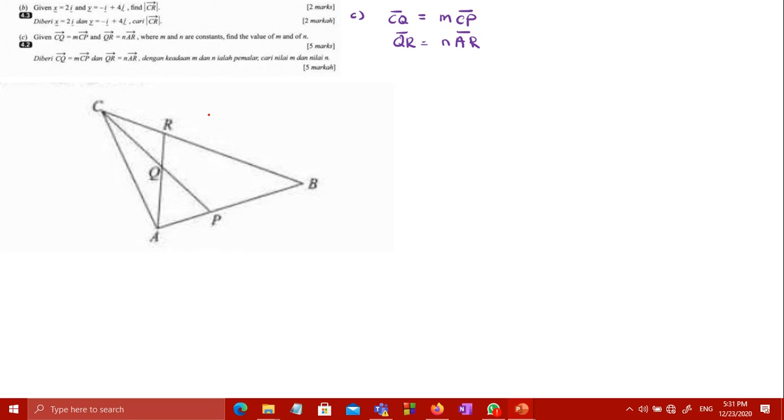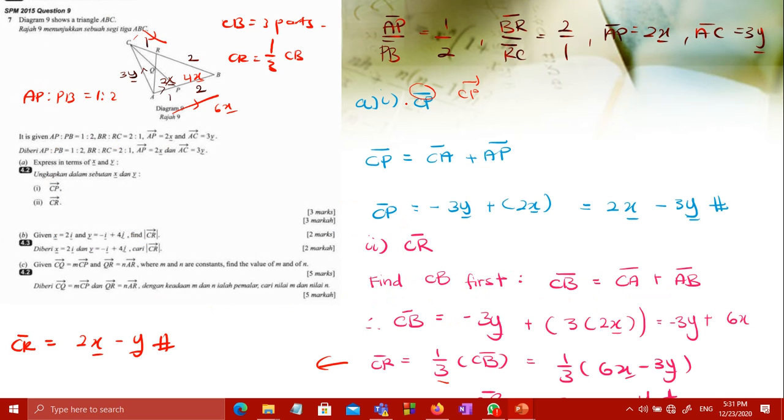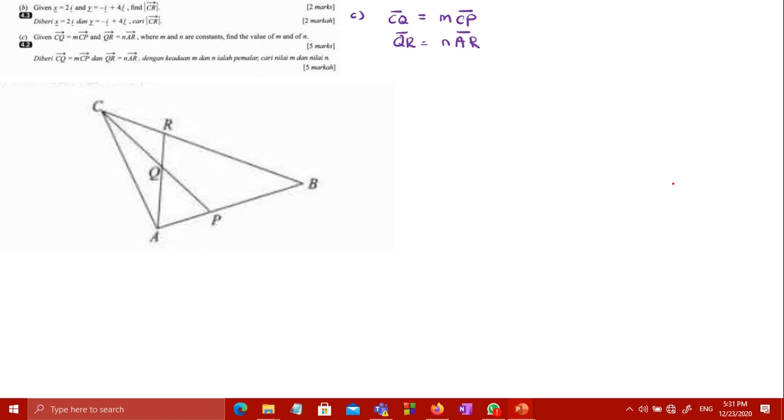Because we previously know that CP is 2x minus 3y. So I list what I know first. From equation 1, I know only CP, but CQ I do not know. It's okay. And from equation 2, I know AR, which is AB plus BR.